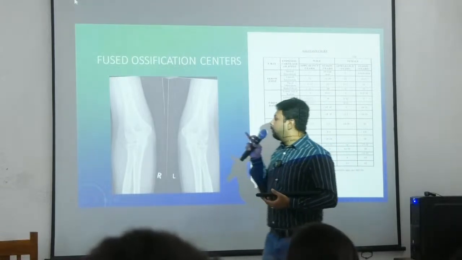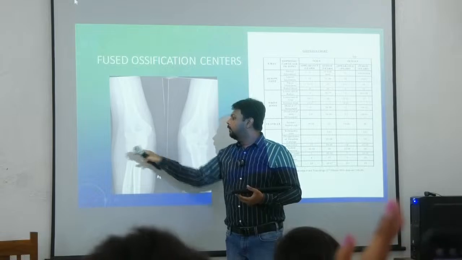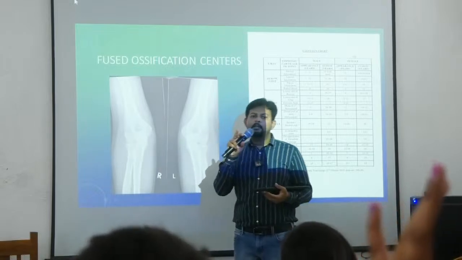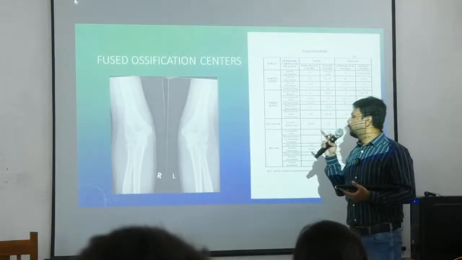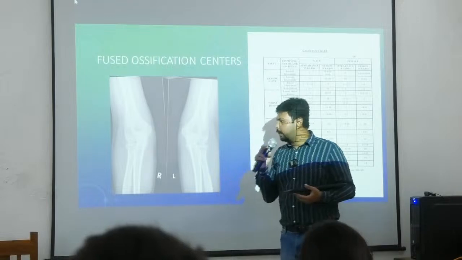And what we are talking about is secondary ossification centers. These are secondary ossification centers, not the primary ones. Primary ones appear much earlier, okay, and fuse also. Only they appear in the shaft. Okay.